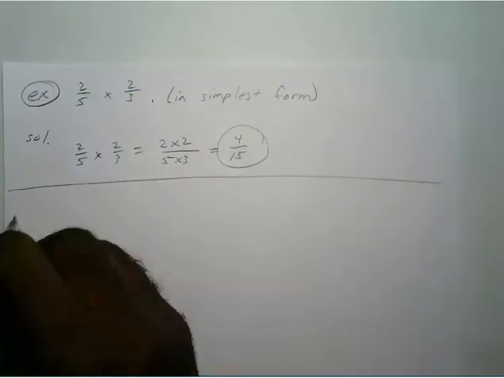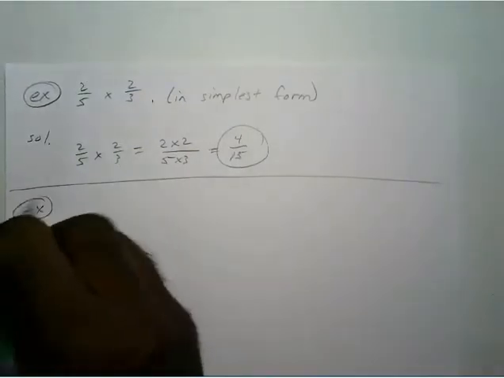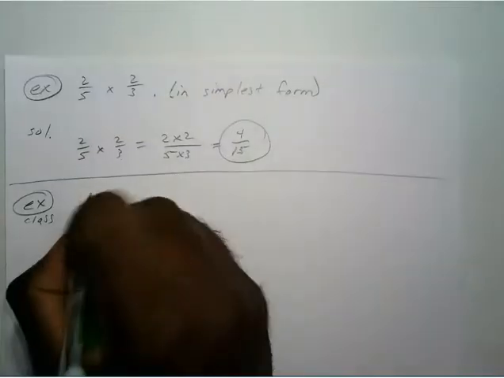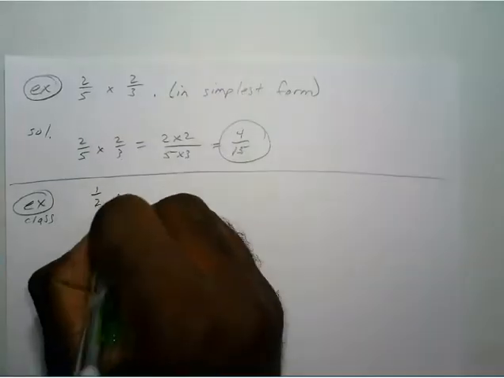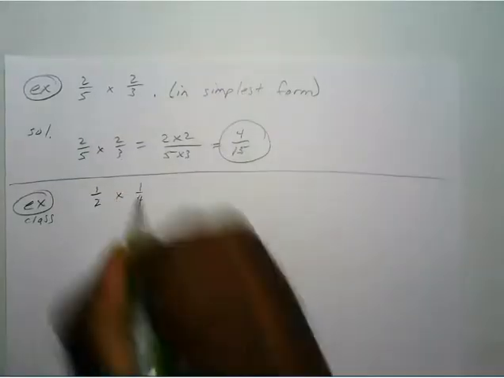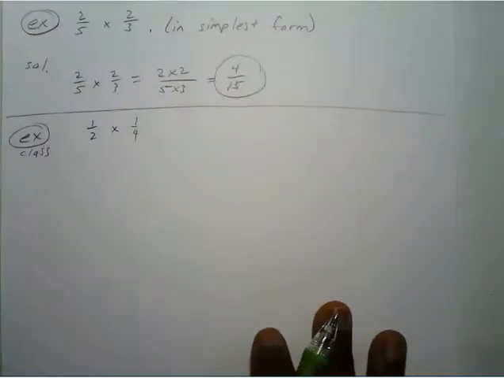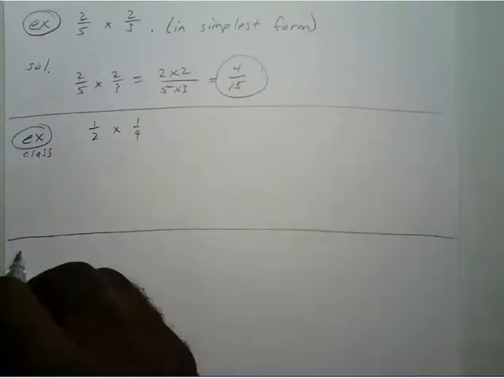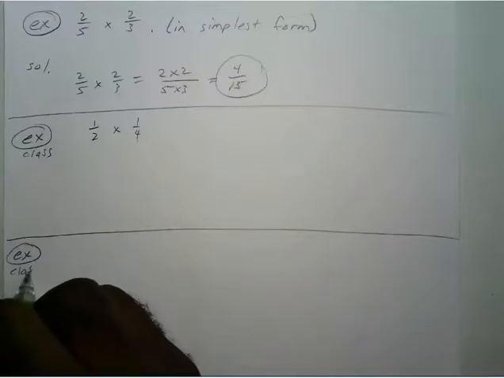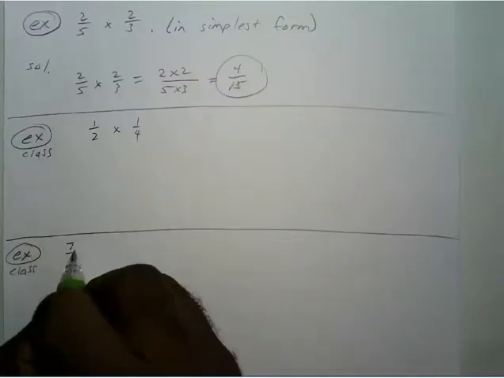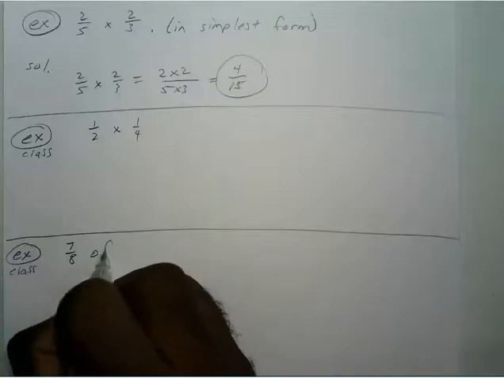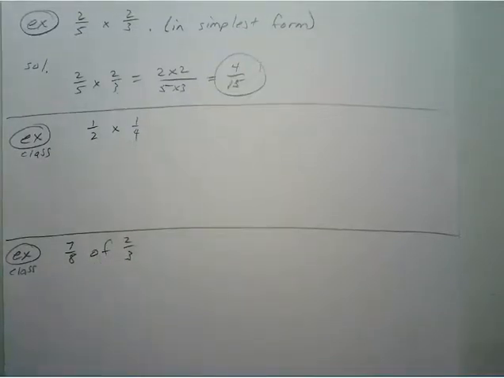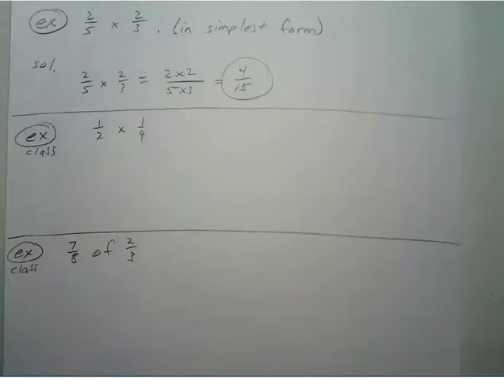All right, so how about you all do this one: let's say you have 1/2 times 1/4, and let's say you do this one also, 7/8 of 2/3. Go ahead and press pause and try to solve those two on your own.